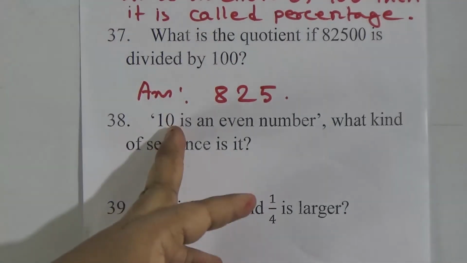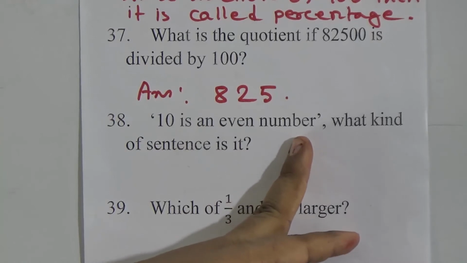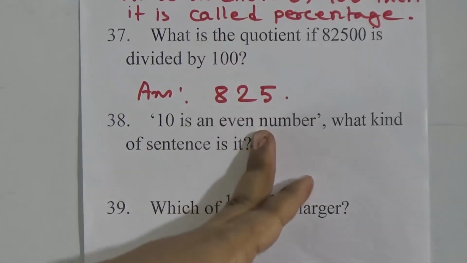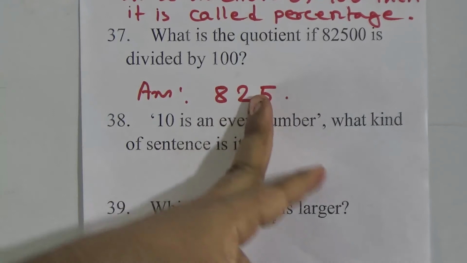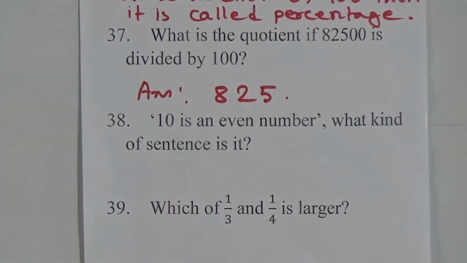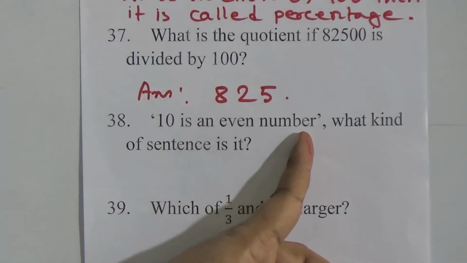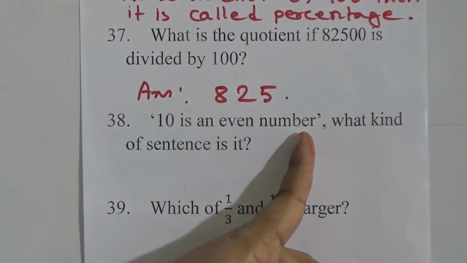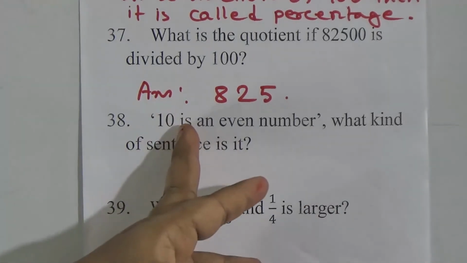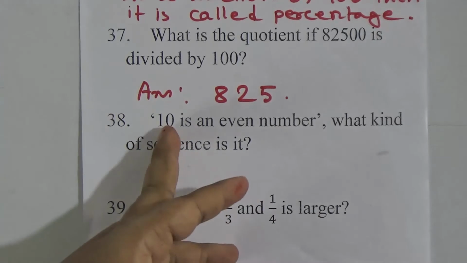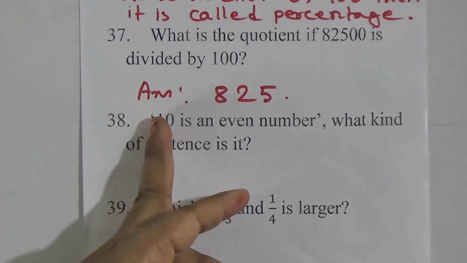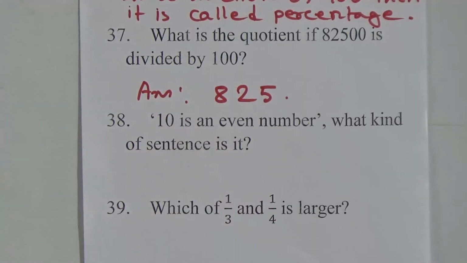So here, notice, 10 is an even number. Is it true or false? It must be true. As it is true, we can say this mathematical sentence is a closed sentence. Dear student, if here we write x is an even number, do you know whether x is even or odd? You cannot know, you cannot determine it is true or false. For this reason, if x is used instead of 10, then that sentence will be an open sentence. I hope you have understood the difference between open sentence and closed sentence.